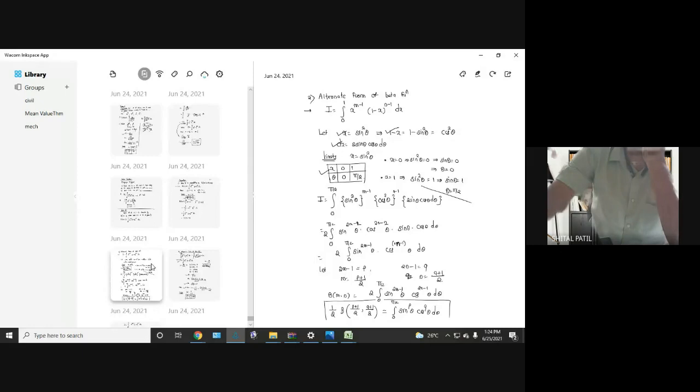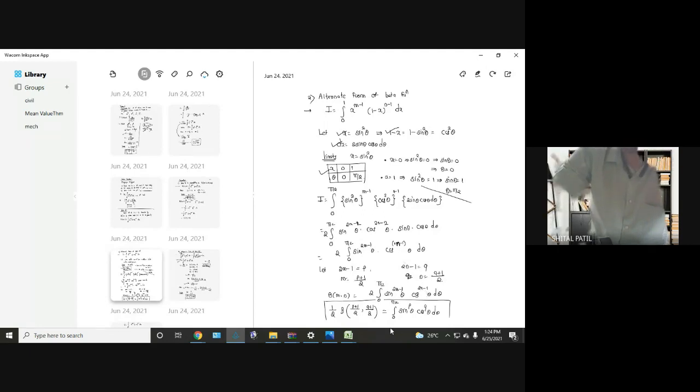Second, we studied an alternate form of the beta function. Beta m, n equals 2 times the integral from 0 to pi by 2 of sine raised to 2m minus 1 theta, cos raised to 2n minus 1 theta, d theta.